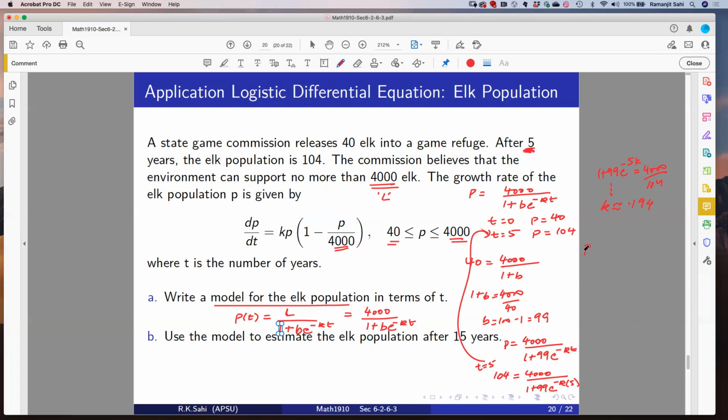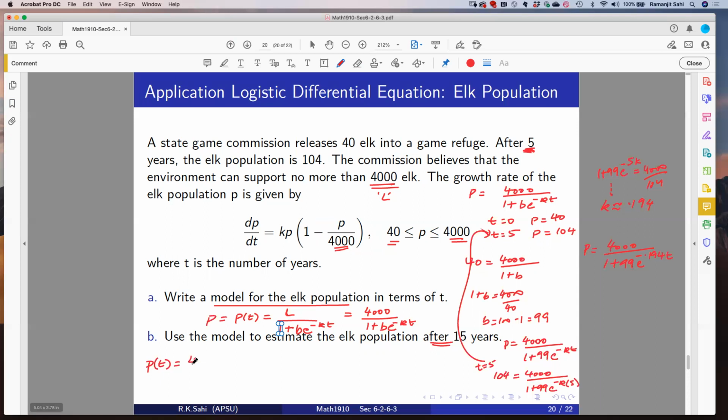Okay, so what is our population? P is 4,000 over 1 plus B, which was 99, e to the power negative 0.194 t. Now, the question is, use this model to estimate the population after 15 years. What does that mean? Now, remember, P of t, I can write this as P also, it doesn't matter.